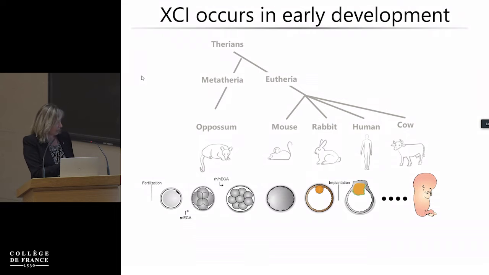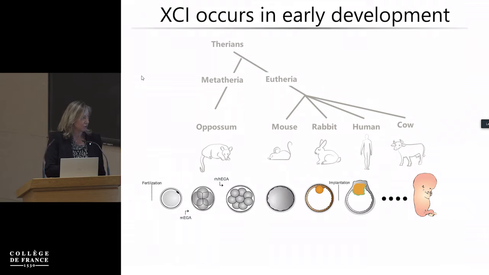So what I'm showing here are the first steps of mammalian development. From fertilization, the first cleavage stage, where you have the activation of the zygotic genome at different stages depending on the species, and then the formation of the blastocyst, which is going to implant in the uterus, and then development will proceed with gastrulation and so on.